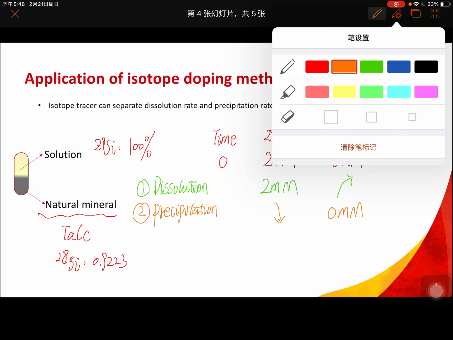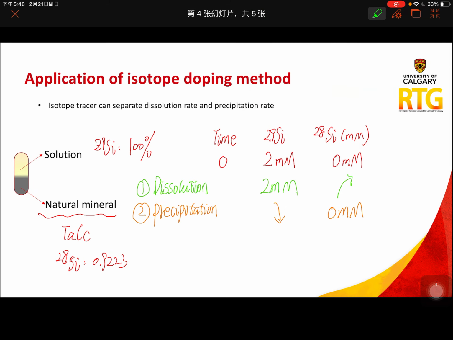And the third scenario would be if we have both dissolution and precipitation.